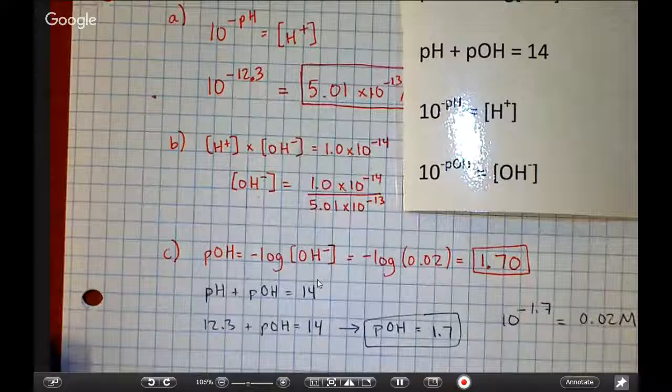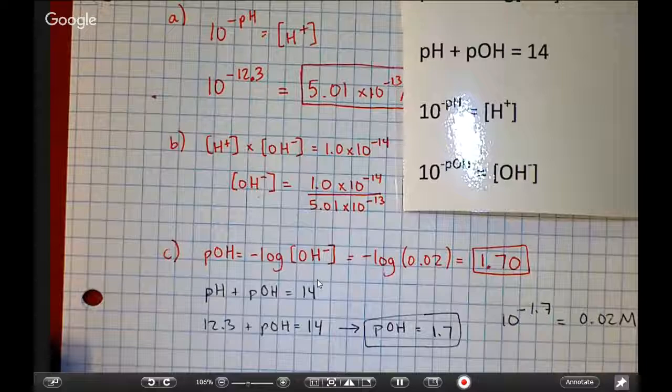Okay, so all I'm trying to show you here is it doesn't necessarily matter which order you do the problems in. They're going to get to the same answers eventually. Okay. How are we feeling after that one? Better?